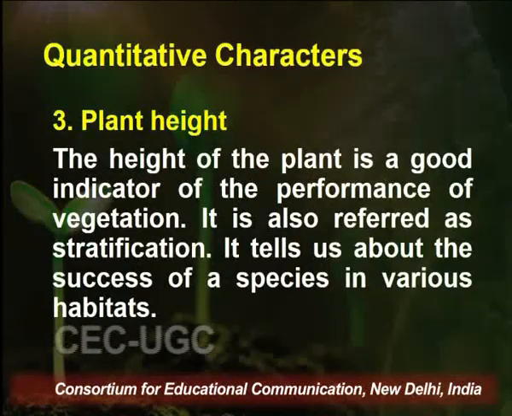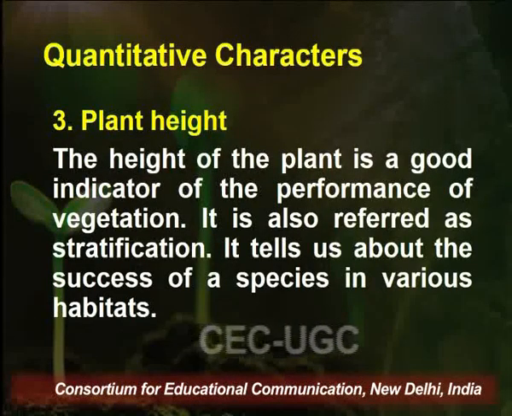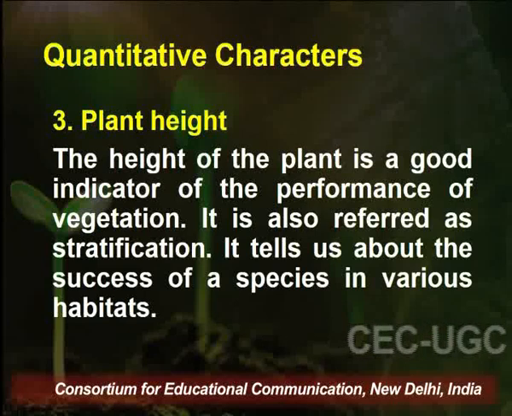Now moving on to the next aspect, the plant height. The height of a plant is a good indicator of the performance of vegetation. It is also referred to as stratification. It tells us about the success of a species in various habitats.